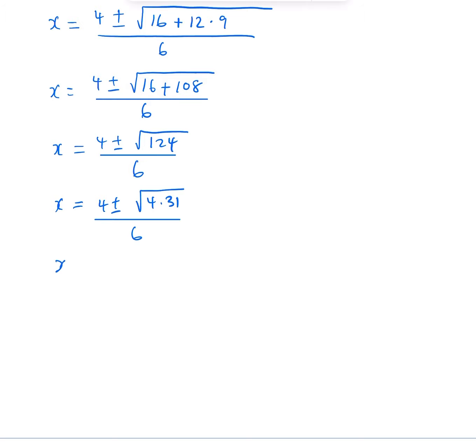Now x is equal to 4 plus or minus 2 square root of 31, all divided by 6. Now we can simplify 4 and 2 versus the 6 in the denominator. We can factor out a 2 from all three of those numbers, so it's 2 plus or minus the square root of 31, divided by 3.